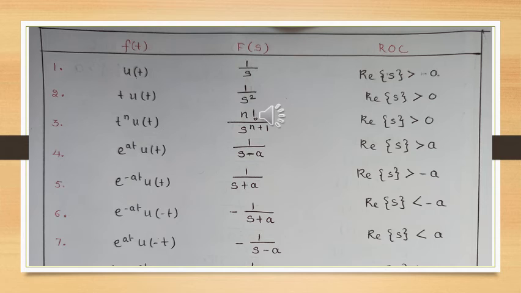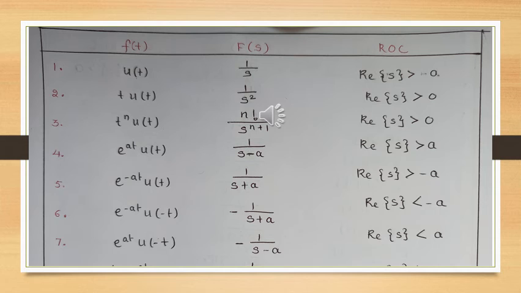That is equal to 2 divided by s cube. Like that, if you have t raised to 3 u of t, it will give a Laplace transform 3 factorial divided by s raised to 4. That is equal to 6 divided by s raised to 4. So based on the power of t, you can get the answer of a Laplace transform.